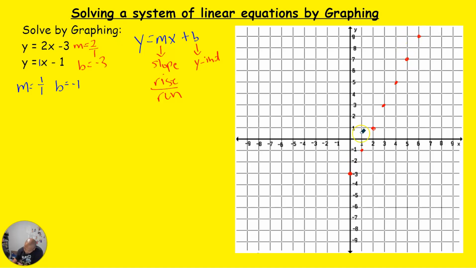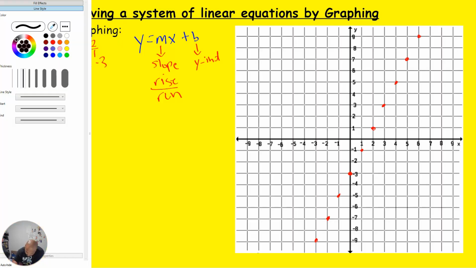I like to see a good visual of the whole graph, so I'm going to continue backwards the same way. And then we're going to draw a nice straight line, doing the best I can here.